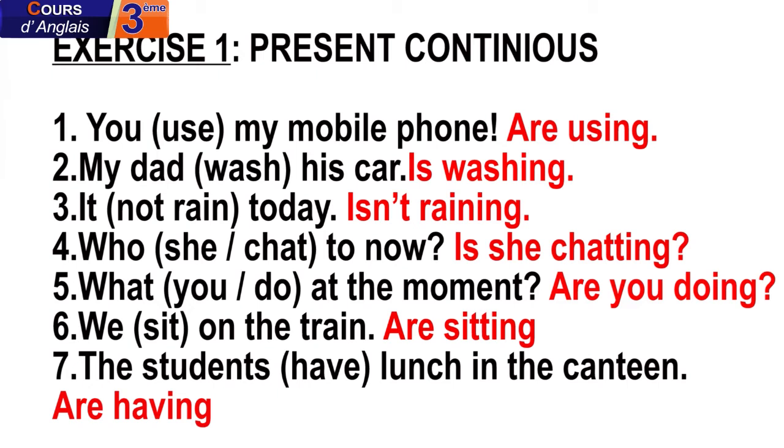It's not rain today. 4. Who she chat to now. 5. What you do at the moment. 6. We sit on the train. 7. The students have lunch in the canteen.